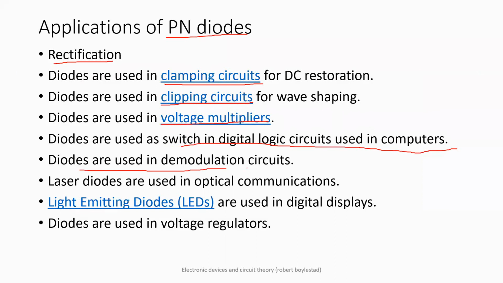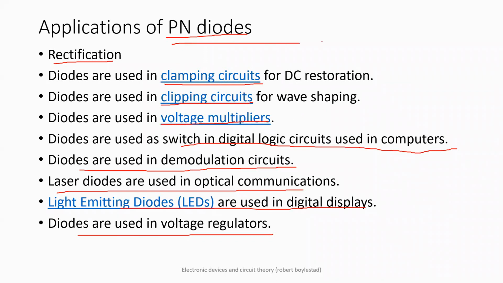Diodes are used in demodulation circuits, and laser diodes are used in optical communications. LEDs are used in digital displays. These days at homes you will find LED, that is also a diode, and diodes can also be used in voltage regulators. So in this class or course, we will be discussing only these three and this application.